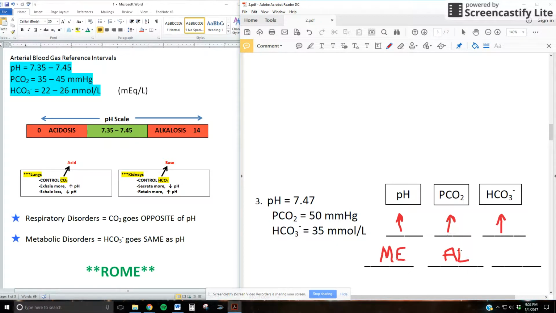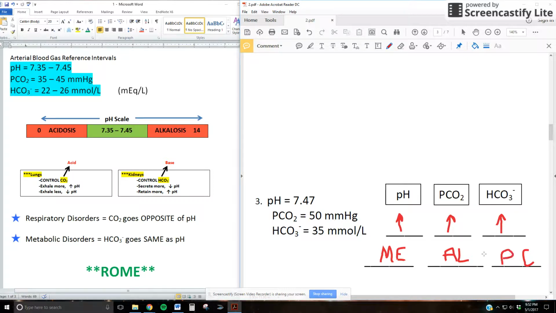So what's happening here? Well, if the primary condition is metabolic, the body is going to try and compensate with the respiratory component. So this is not normal. So it's trying to compensate. So compensation is happening. But then is it partial? Is it complete? What's going on here? Well, when these values aren't back within their normal reference range, at least as far as the pH is concerned, it's always going to be partial.